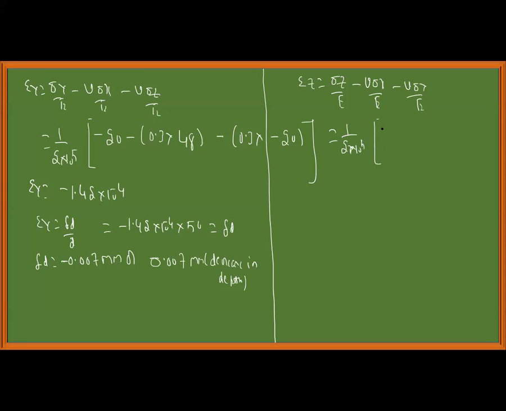Minus 20, minus 0.3 into 48, minus 0.3 into minus 20. Tell me what is epsilon z.